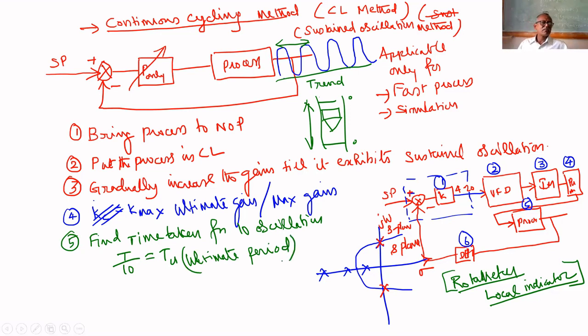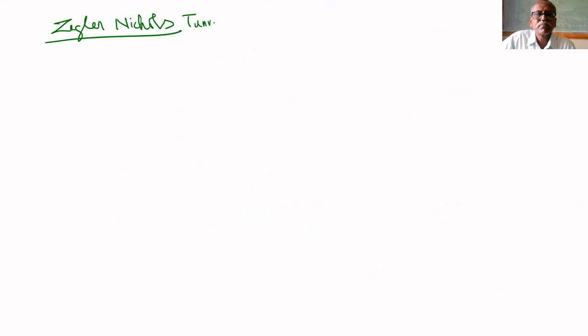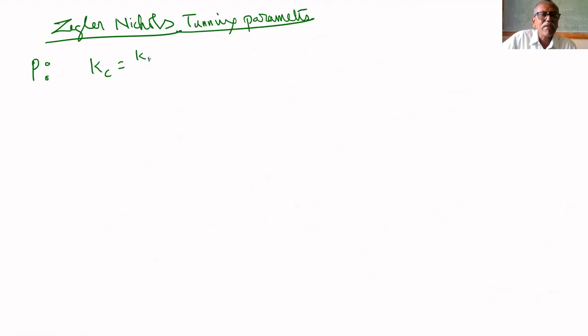These are the two process parameters required: Kmax and Tu. If you know these two, you can find the tuning parameters by using Ziegler-Nichols. For a P controller, Kc equals Kmax multiplied by 0.5.